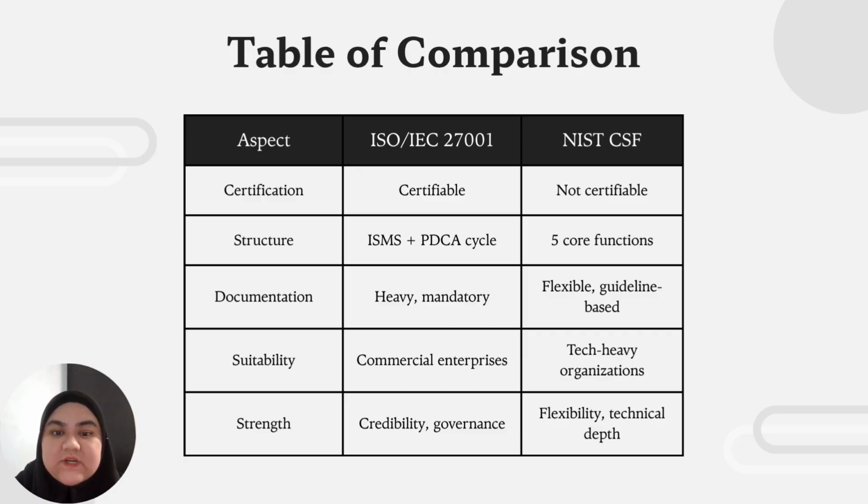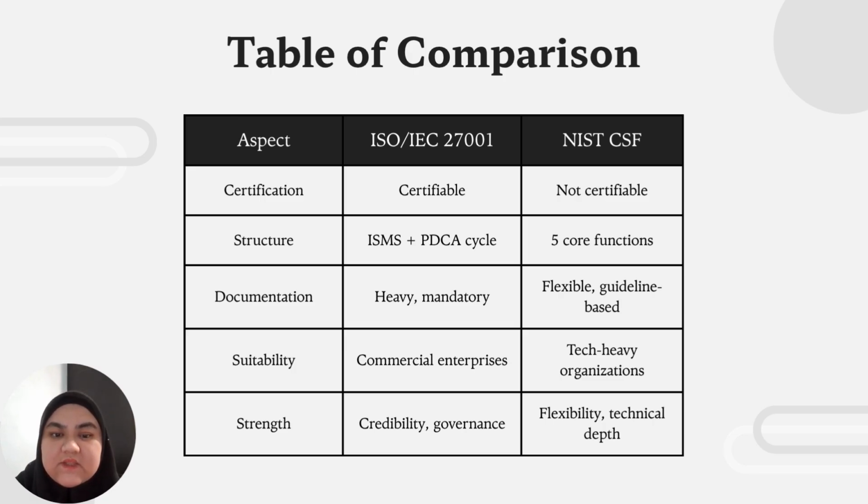In terms of structure, ISO is built around an information security management system and the plan, do, check, act cycle, which ensures continuous improvement. NIST CSF is organized into five core functions: identify, protect, detect, respond, and recover, making it easier to visualize and manage cybersecurity activities.